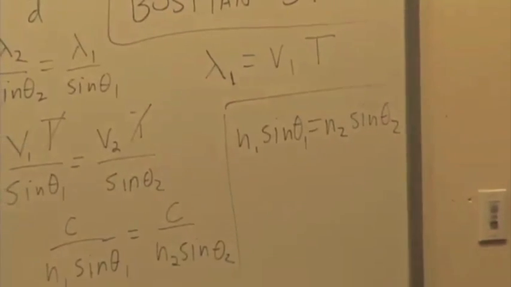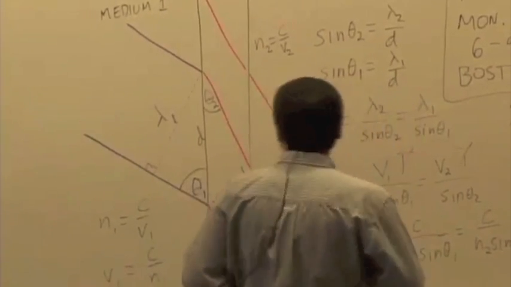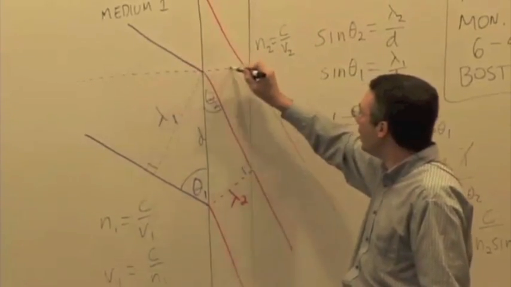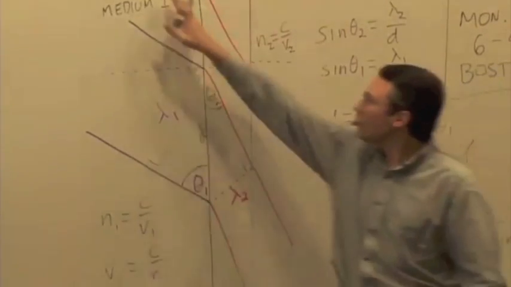Now I measured these angles from the interface. If I do a little geometry, I can show, I'm going to draw a line that is perpendicular to the interface between the two materials.